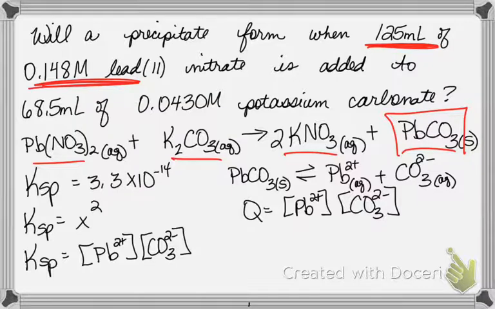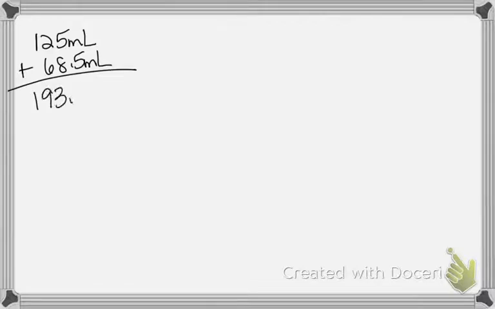What's the total volume of the solution? The total volume of the solution is the 125 mils plus the 68.5 mils, so 125 milliliters plus 68.5 gives us a total volume of 193.5 milliliters.